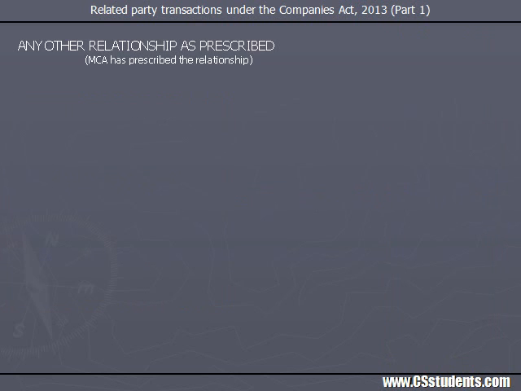The last category in the definition is any other relationship, as may be prescribed. It means, under the Act, MCA has the power to prescribe any other relationship as related party. Accordingly, MCA has prescribed the Companies (Specification of Definitions Details) Rules, 2014.